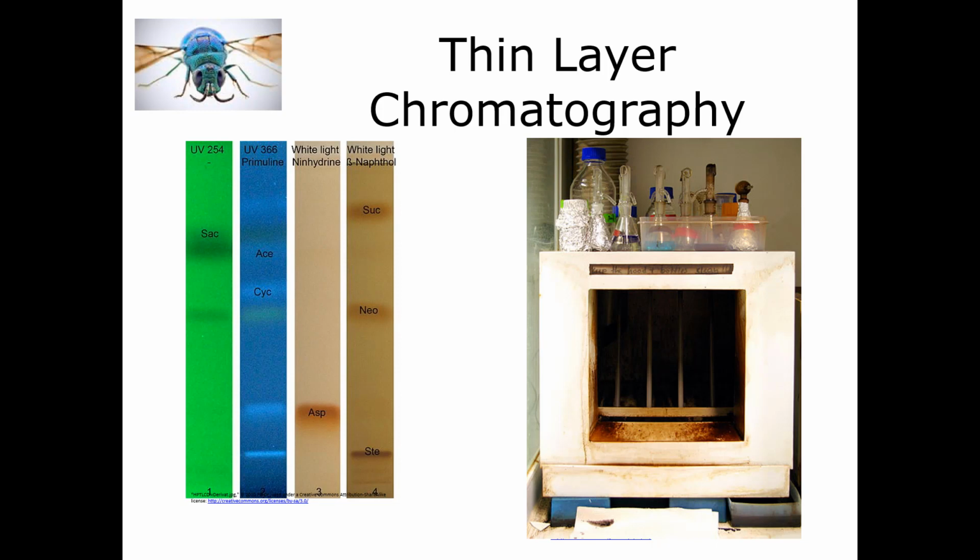Now, let's say we have an unknown sample. That unknown sample is then applied to the base of that plate, the base of that solid substance. So down here somewhere. So you would just apply it there, either in a dot or a line. And then that bottom edge of this plate is submerged in a solvent of some sort. So, water is the universal solvent, but you can also use all manner of different things.